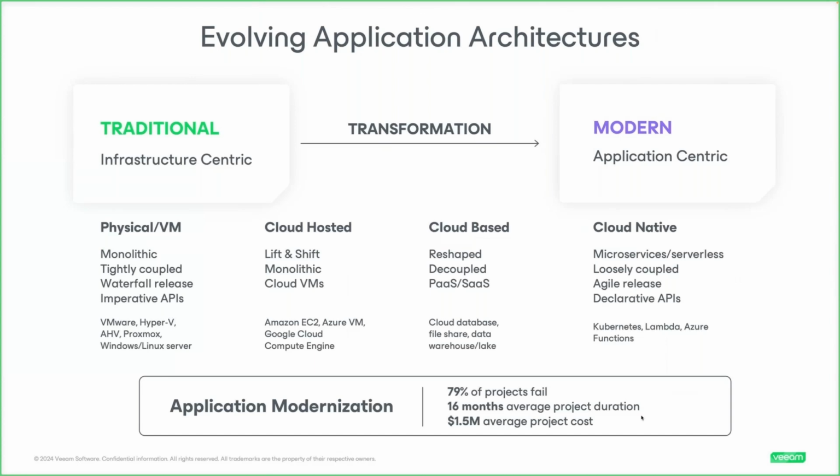So the average organization spends about 16 months on that project, and the average project cost is about $1.5 million. So that application modernization, while it does absolutely have a ton of benefits to deliver to you guys, again, it's a migration that forces us to consider a number of things. Maybe we have an application that it just doesn't make sense to modernize right now.